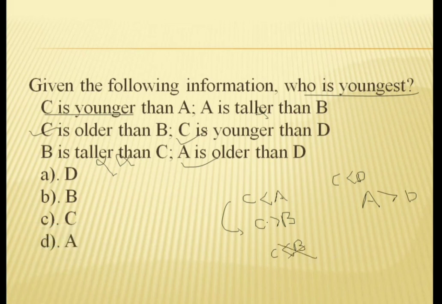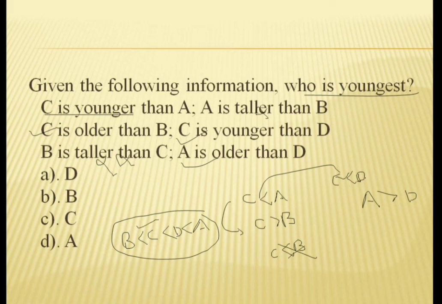Okay, forget about that. See, it is B less than C, right? Then C less than A and C less than D is there, and it is given that A is greater than D. So D less than A. So this will be the final arrangement. When we combine all these arrangements, it will be B less than C less than D less than A.